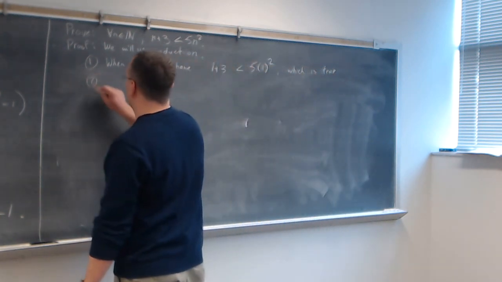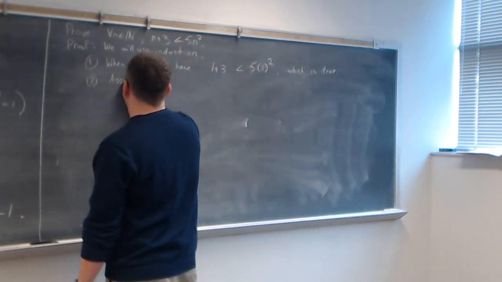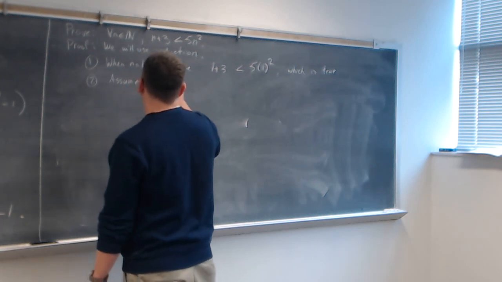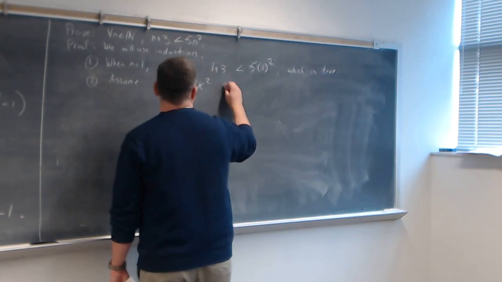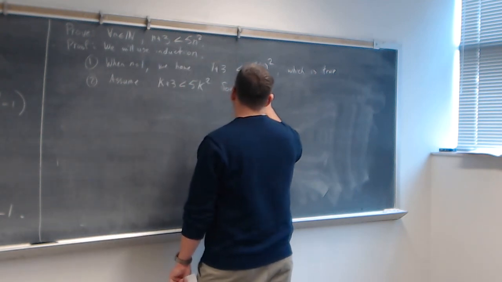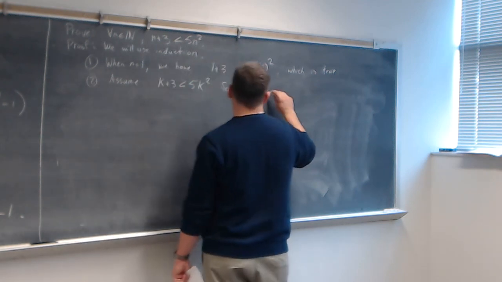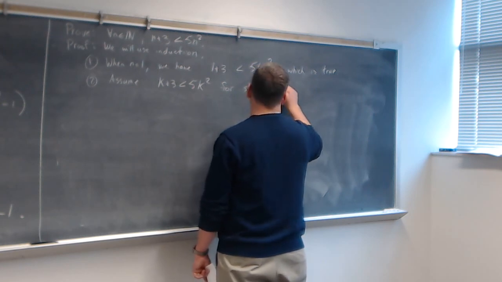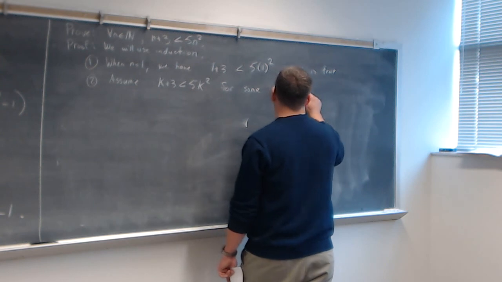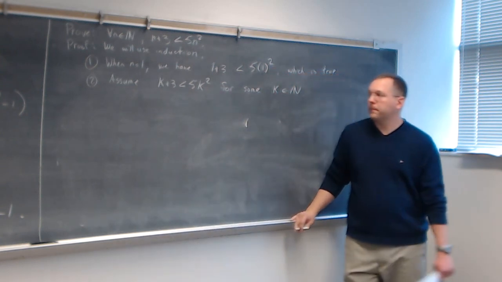2. Assume that k plus 3 is less than 5k squared for some natural number k. Okay.